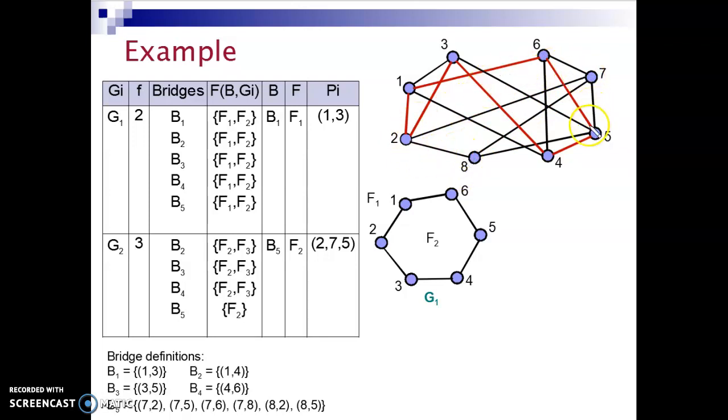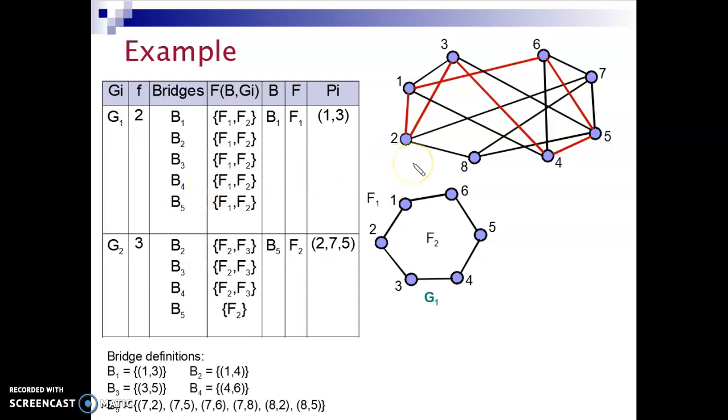This is a very large component, which is a bridge, and it is shown here as B5. The other bridges are 3-5, 1-4, and 4-6. So we have 5 different bridges.